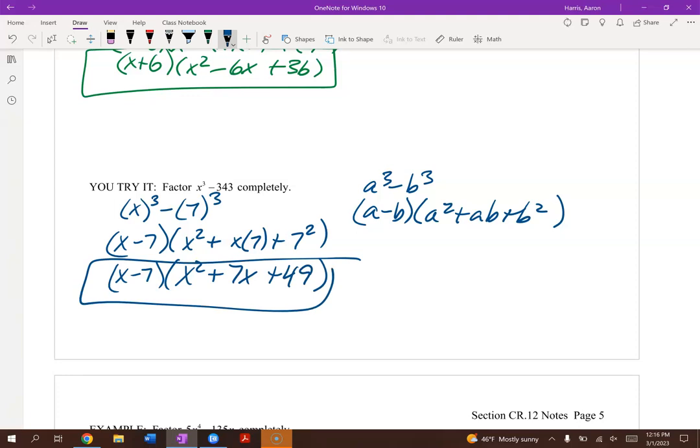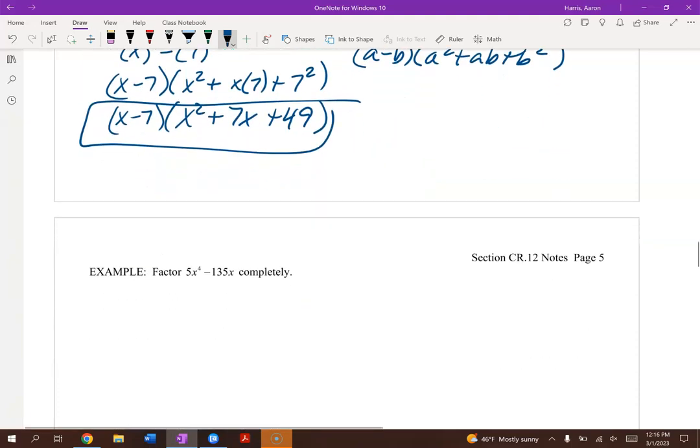Okay. All right. Well, this one's not perfectly fitting the mold of an a cubed minus b cubed, but what if we take out a 5 and x? Good. So we take a 5x out, and we're left with x cubed minus 27. 27 times 5 is 135.